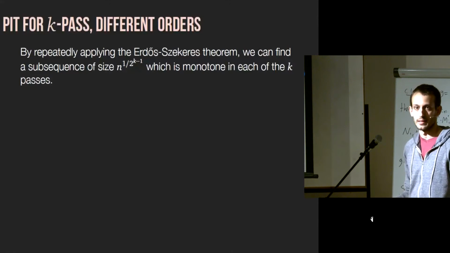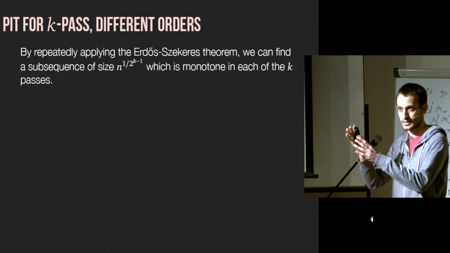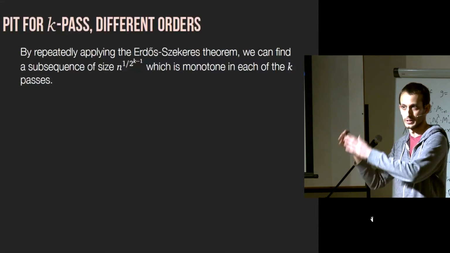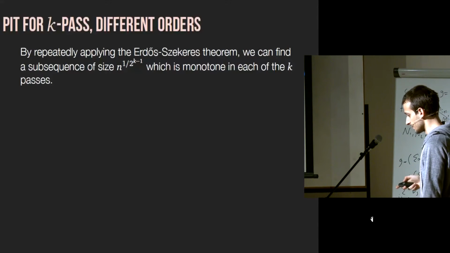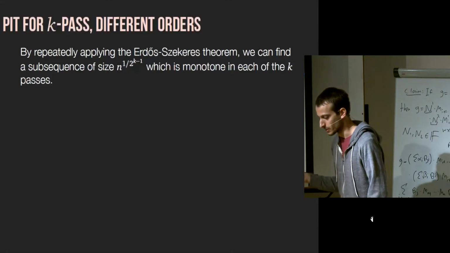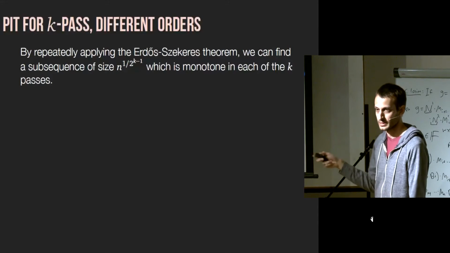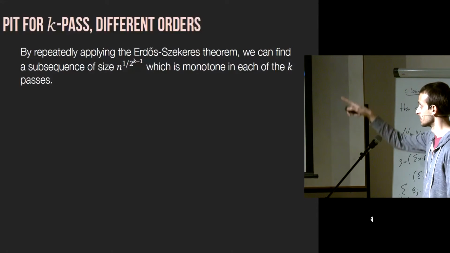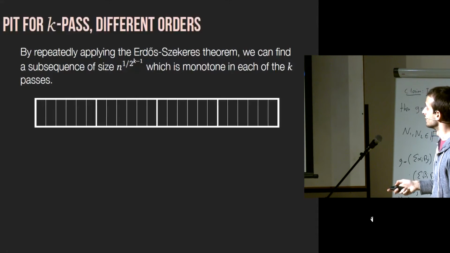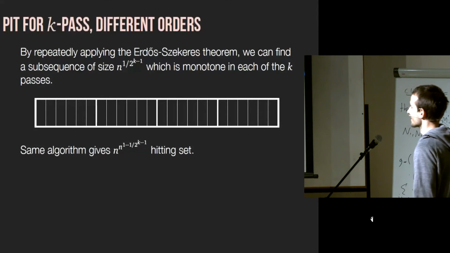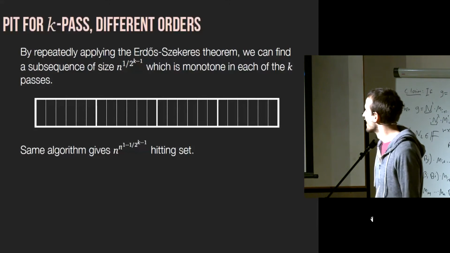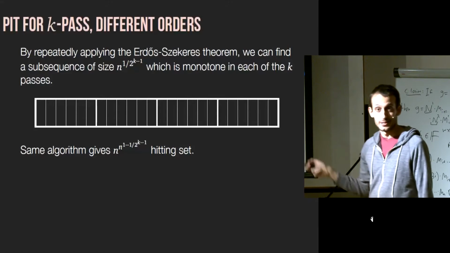Because you first find monotone subsequences in the second pass, and then you further prune it in the third pass, and so on. Unfortunately, this is also tight for these kinds of arguments. We know that there are sequences in which you cannot hope for a better bound. So that's the size of the hitting set that you get.